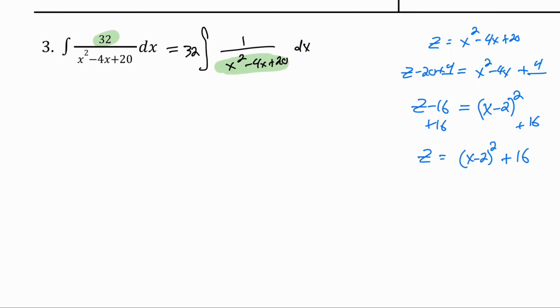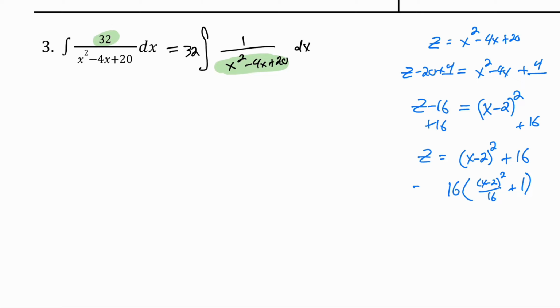One way we can make this equivalent is to factor that 16 out to the front. When we do that, this x minus 2 squared has to be divided by 16, and the 16 has to be divided by 16, which is fine because that gives us that plus 1 we've been looking for.